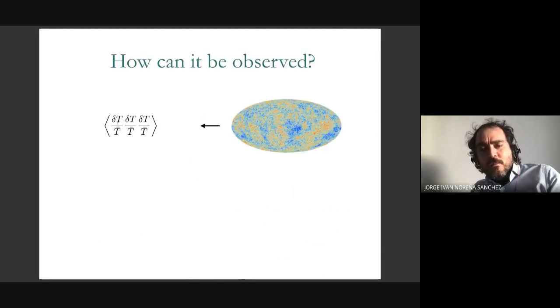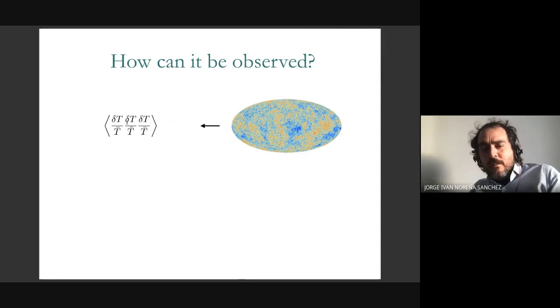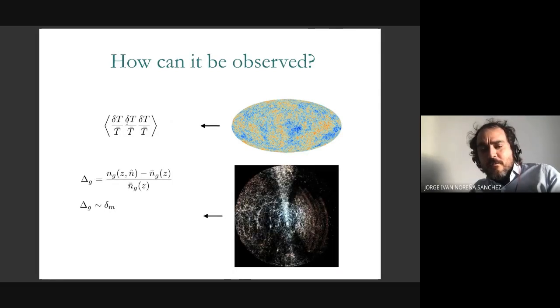So already Planck put constraints. If you take into account that the constraints that they cite are 1 sigma, the constraints are FNL of order 10, while a natural model of multi-field inflation would give you FNL of order 1. So we're still at least an order of magnitude away from the physically interesting region.